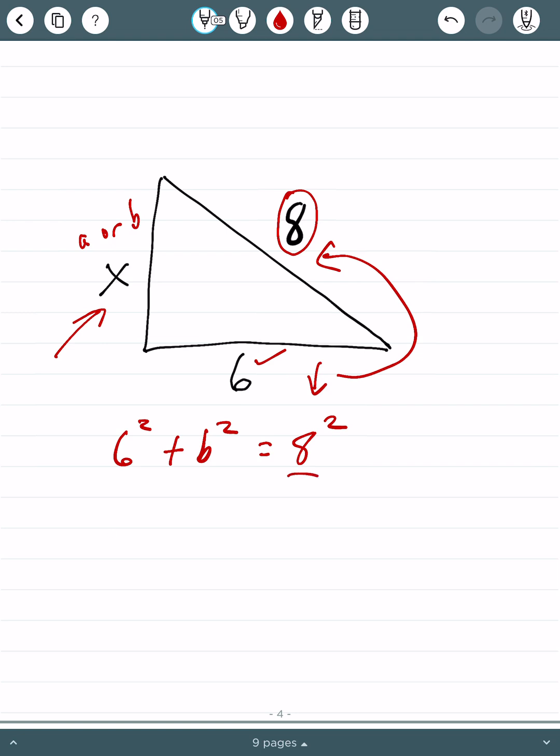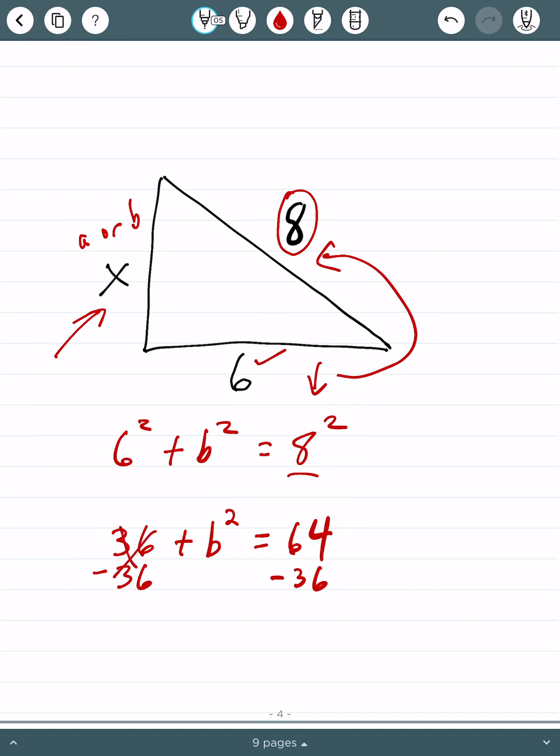Now let's do the math. 36 plus B squared equals 64. Here's where I was showing you the difference. Because our numbers are now on opposite sides of the equal sign, we've got this extra step. We have to do the opposite on both sides so that I can get B squared by itself.